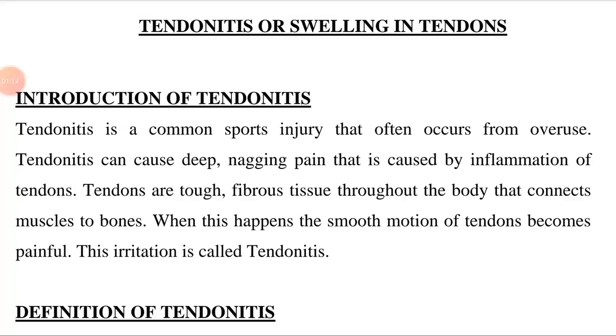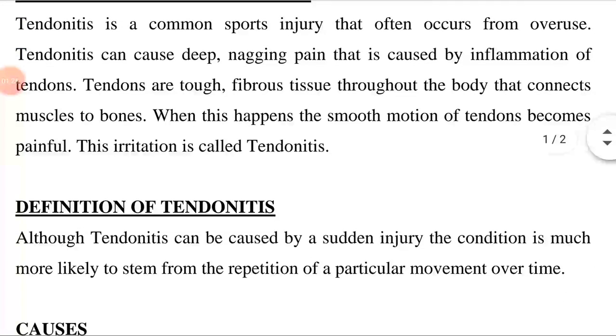Using the muscle several times leads to overwork. Tendinitis can cause deep nagging pain, and that is called inflammation of tendons. Inflammation brings about a sensation of discomfort or distress that is persistent and continuous.